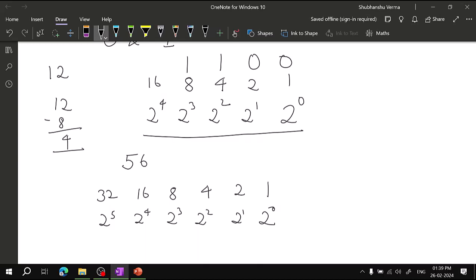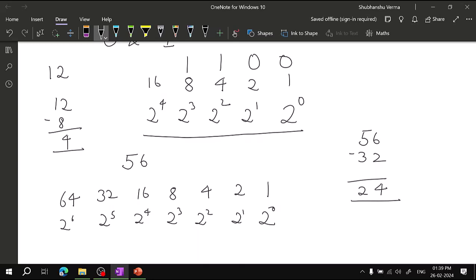We can also go for 64 as well. Now here comes the question again: is 64 a good fit in 56? Not possible. But 32 can be. So what will the device do? Okay, 56 minus 32, the remaining is 24.